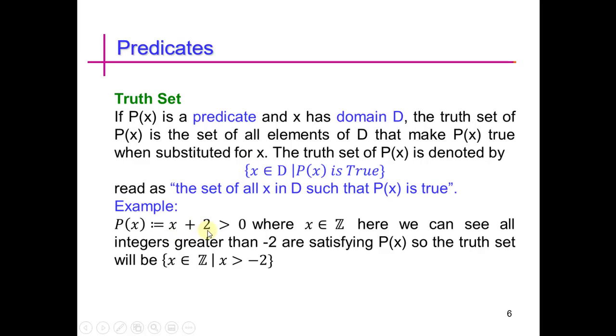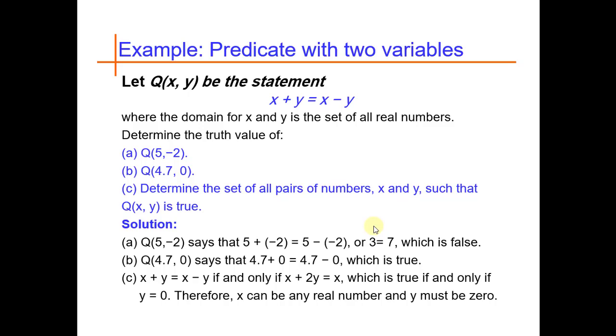But when we put here minus 1, we see that minus 1 plus 2, we get plus 1, which is greater than 0, and so from minus 1 onward this predicate will be true. So we are taking all those numbers which are greater than minus 2. So the truth set will be written like this: {x belonging to the set of integers such that x is greater than minus 2}.